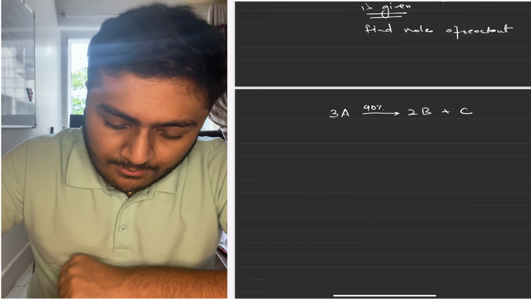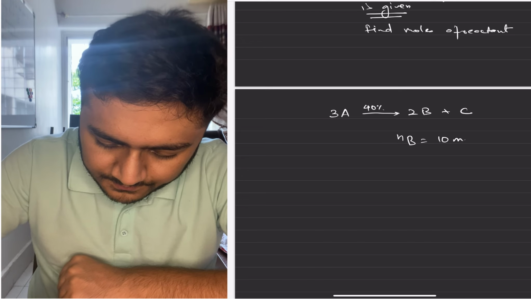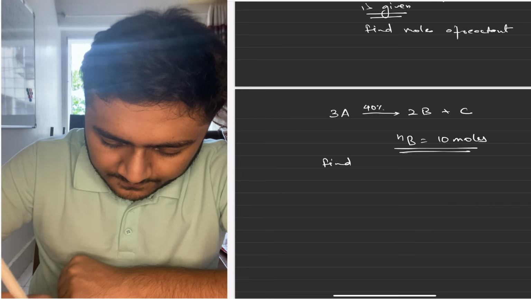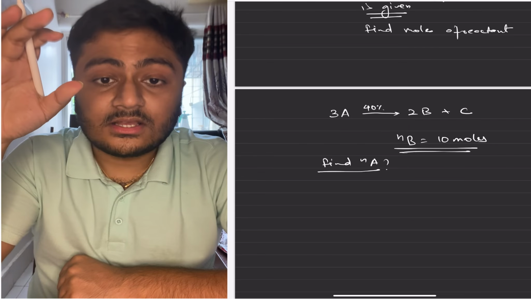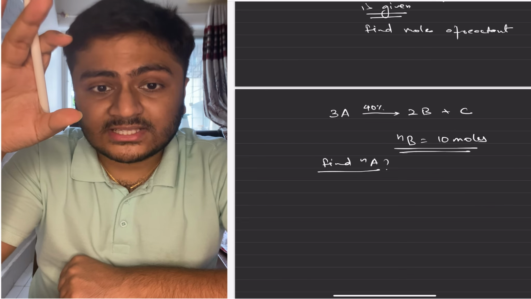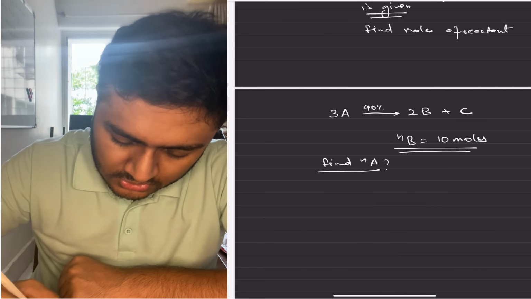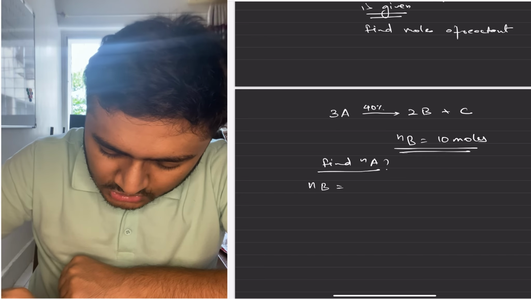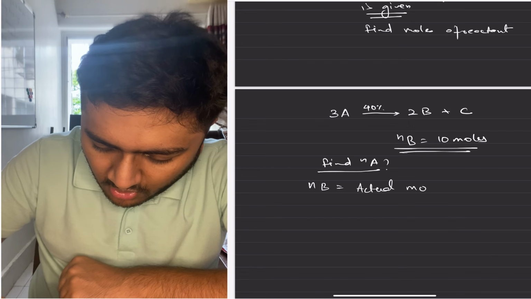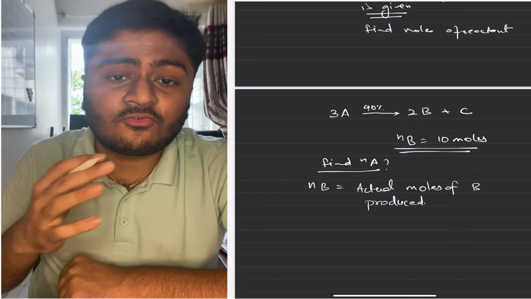Moles of B has been given as 10 moles, and we need to find moles of A. One quick tip about this question: the moles of B, which is 10 moles given in the question, is always going to be the actual moles of B produced.